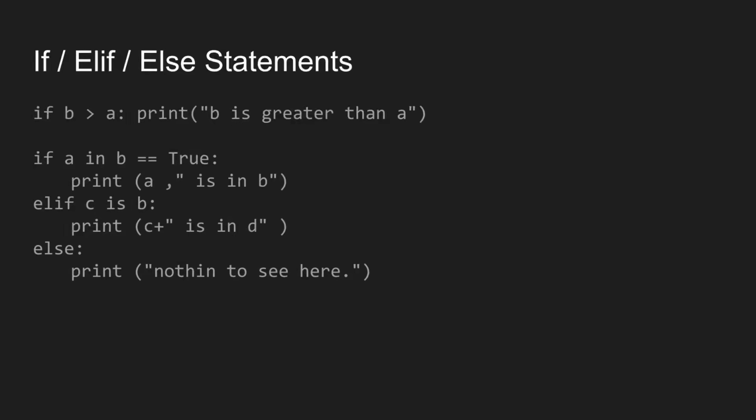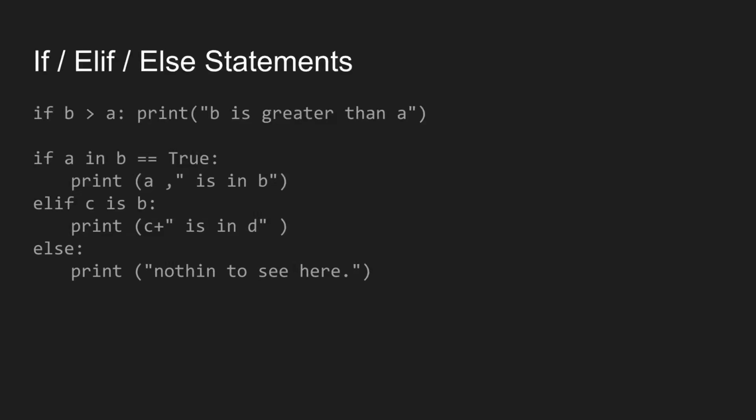If it starts getting multiple depths, doing that one-liner doesn't work. So go ahead and try to stay in the practice of doing it in multiple lines and doing your indentations. So this is a basic if statement, right?